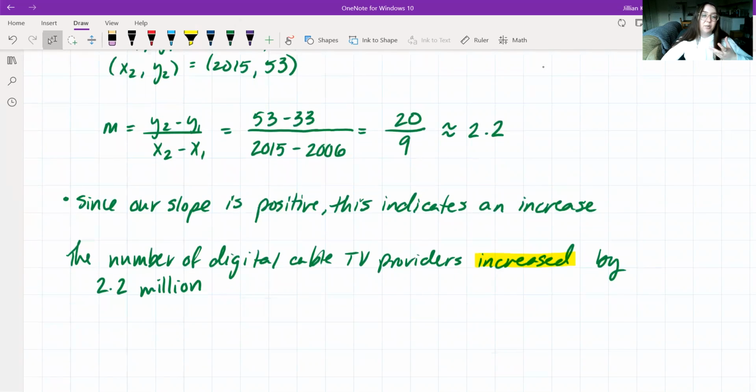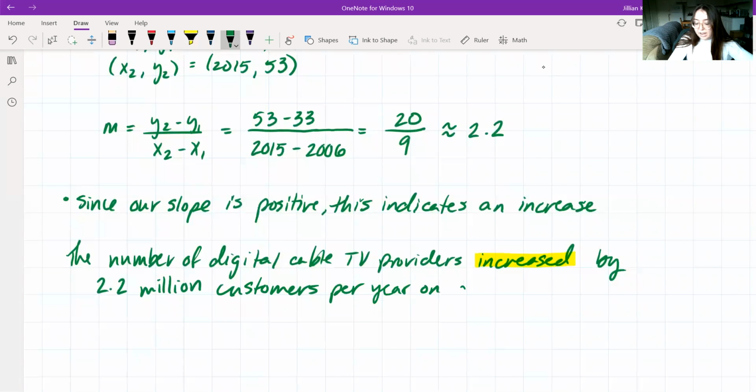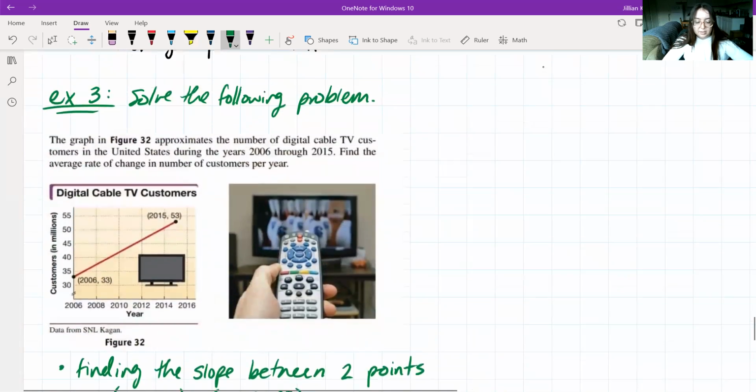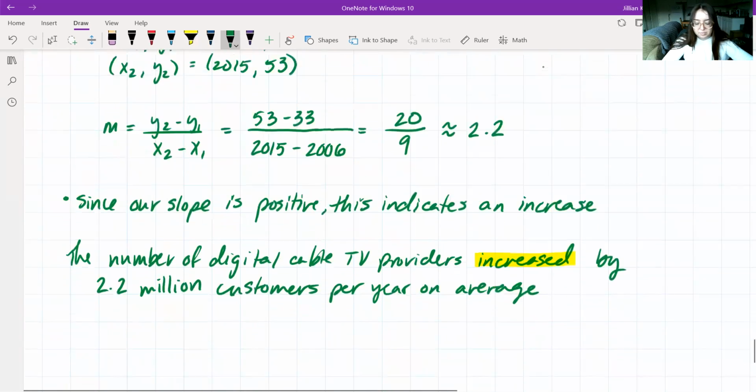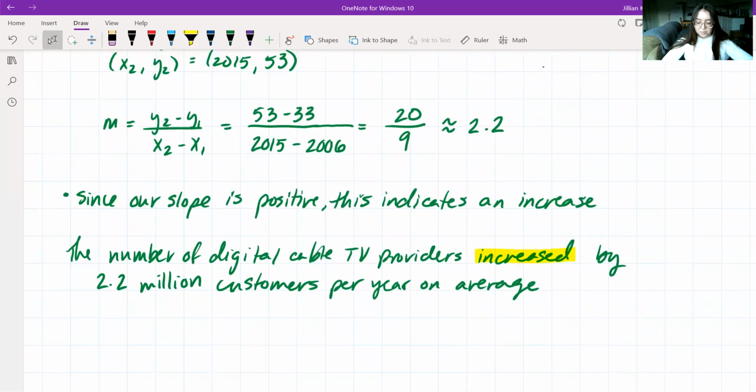So we say increased by 2.2 million customers per year on average, because remember this is our average rate of change. So increased by 2.2 million customers per year on average from 2006 to 2015.